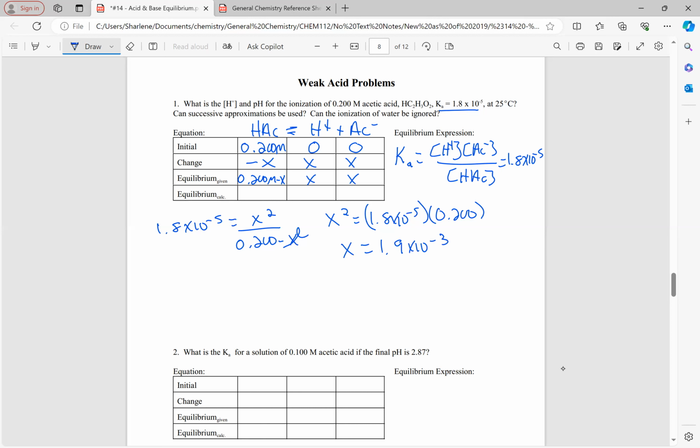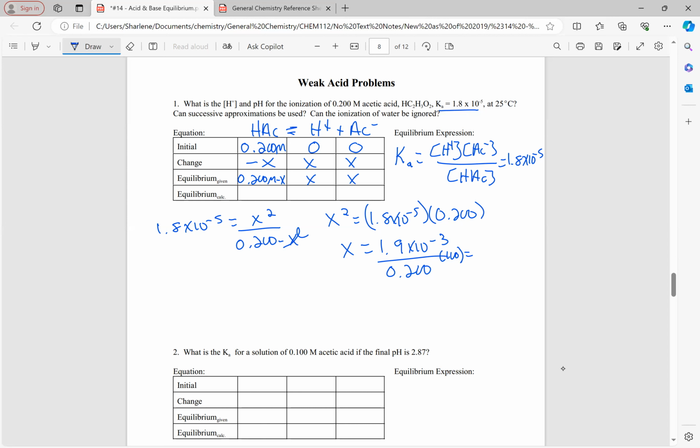All right, the answer is 1.9 times 10 to the minus third, but can I use it? I need to check. So I'm going to divide it by my original concentration and multiply it by 100. And I get 0.94%.